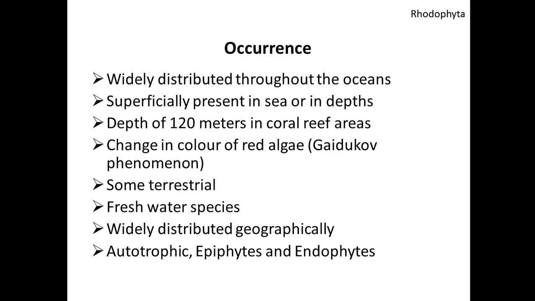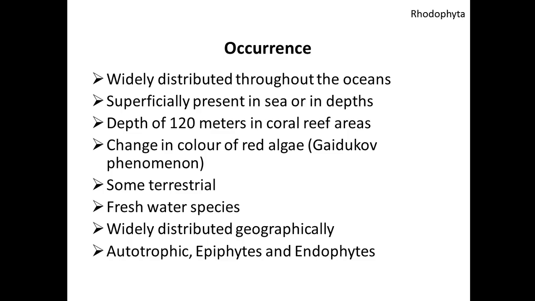Some red algae are terrestrial, forming reddish scums. Many of them are freshwater. Freshwater species are confined to cold, fast-running water. Red algae are the most widely distributed geographically and vertically of all the large algae.